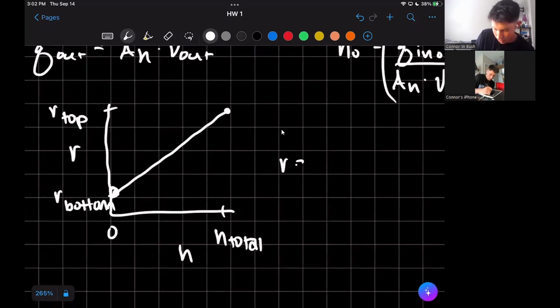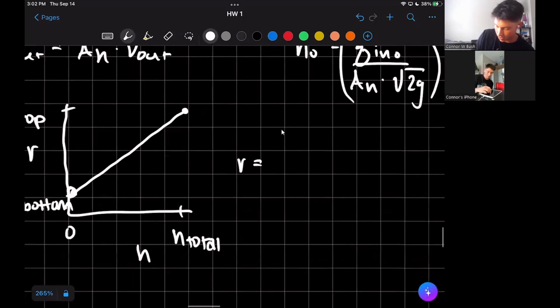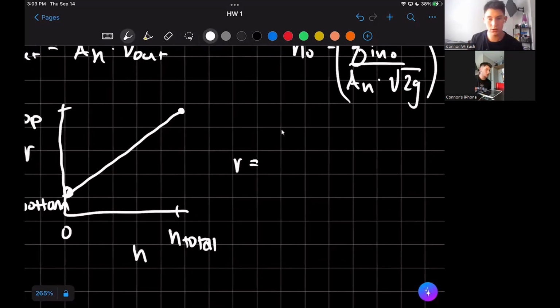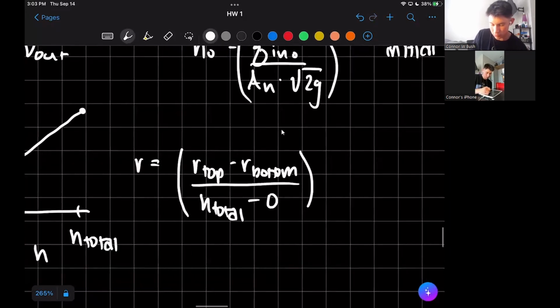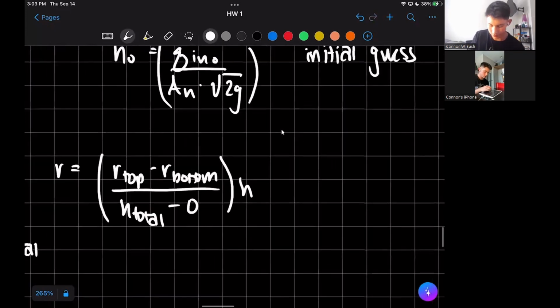So if we write out the equation for a line, r equals, that's our dependent variable. We have to have our slope. So the top radius subtracted by the bottom radius divided by the total height minus 0, since at the bottom height is 0. Multiply this by our independent variable h.